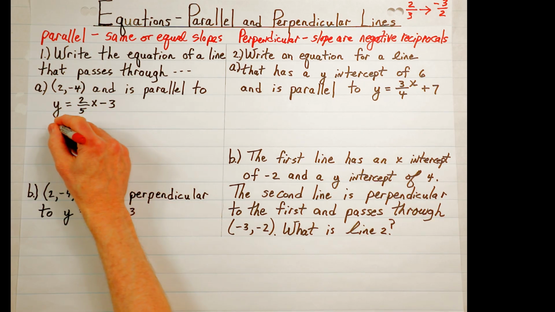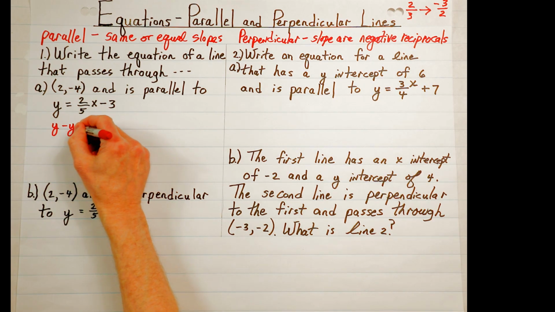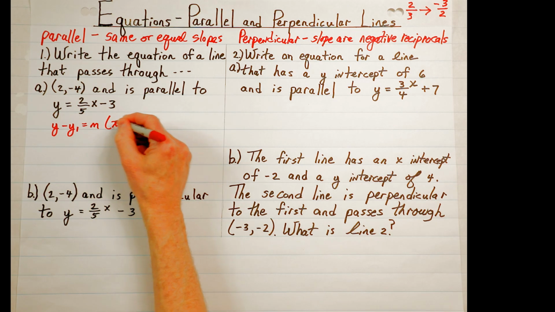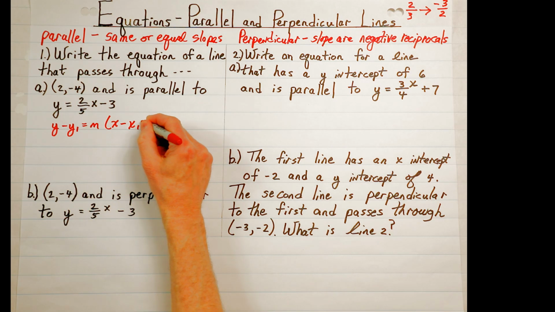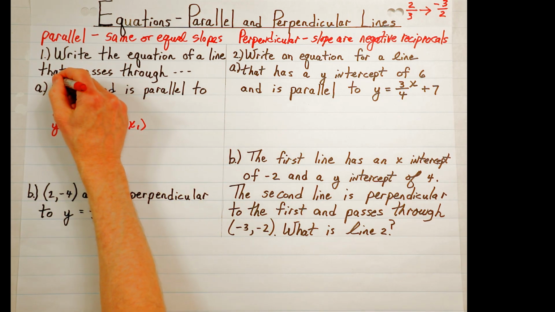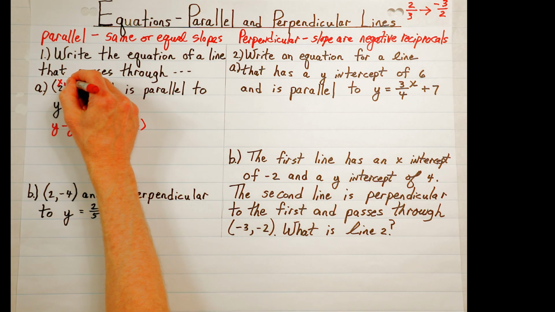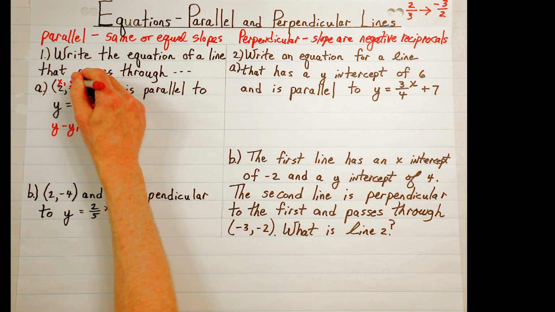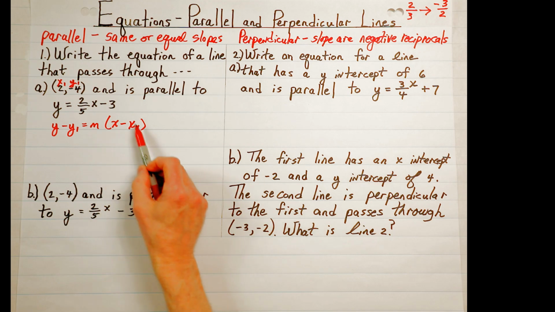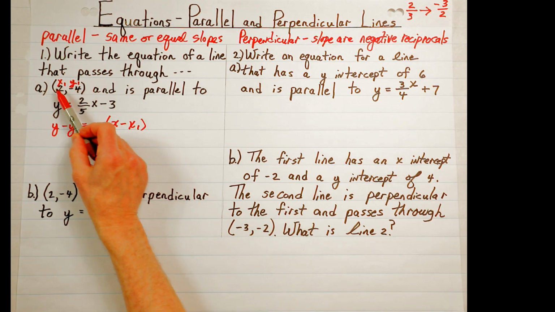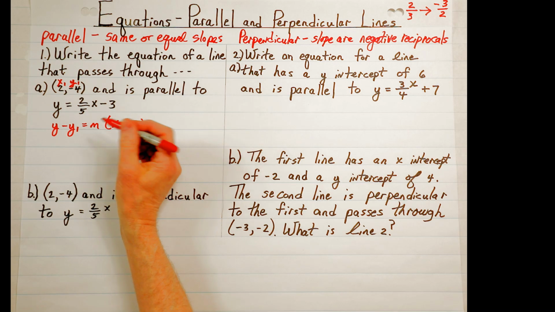So if we use slope point form, do you remember? y minus y1 equals m times x minus x1. And x1, y1 is always the point that you're working with. Sorry about that. So this x1 and y1 is always the point that you're given to work with.